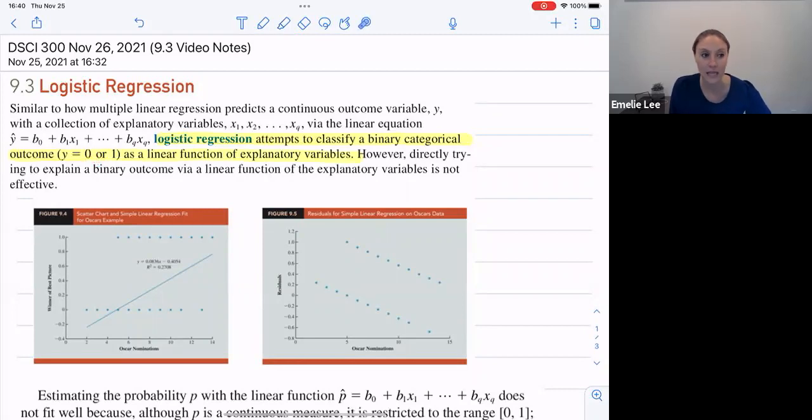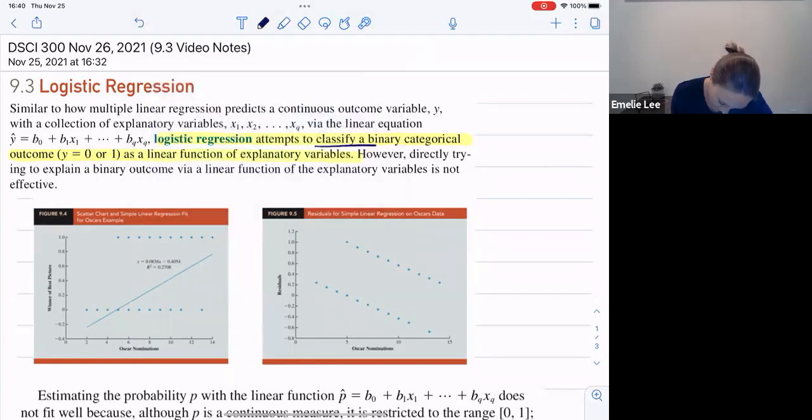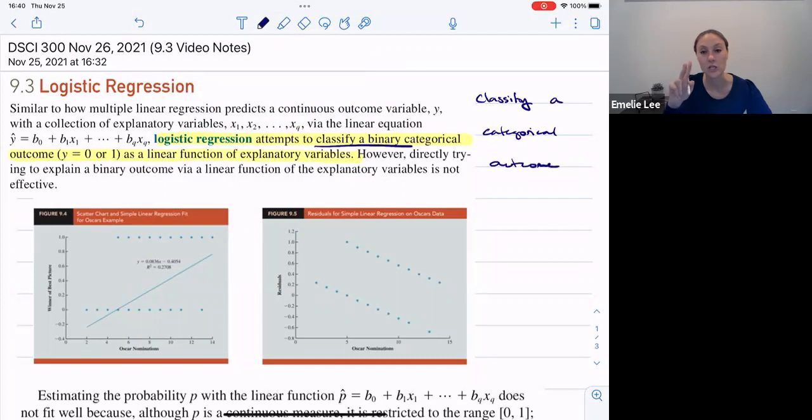So we have a categorical outcome, and we want to classify a categorical outcome with only 2 levels.